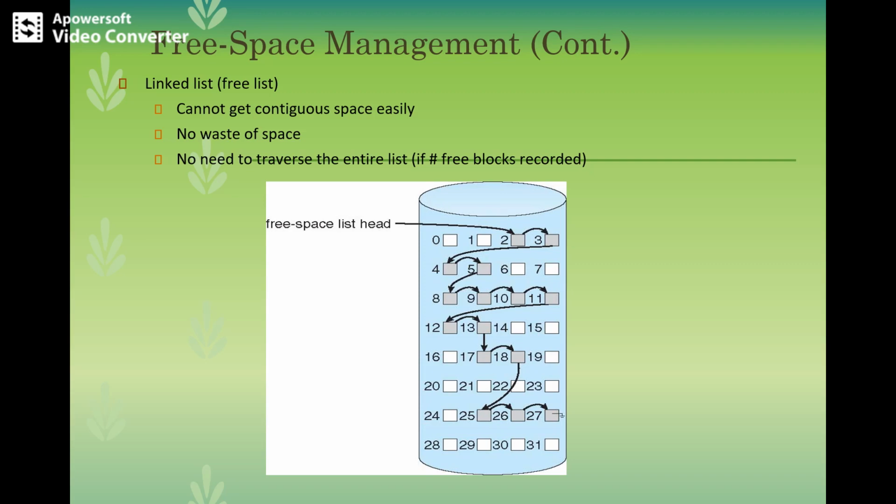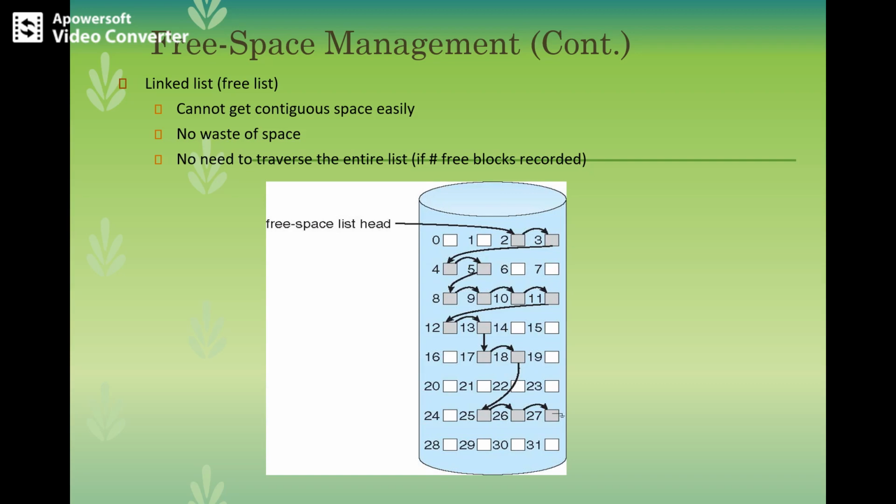Just observe the diagram here. What you have is a sequence of numbers which are linked in the disk space. This lists a sequence of free space, from 2 to 3.